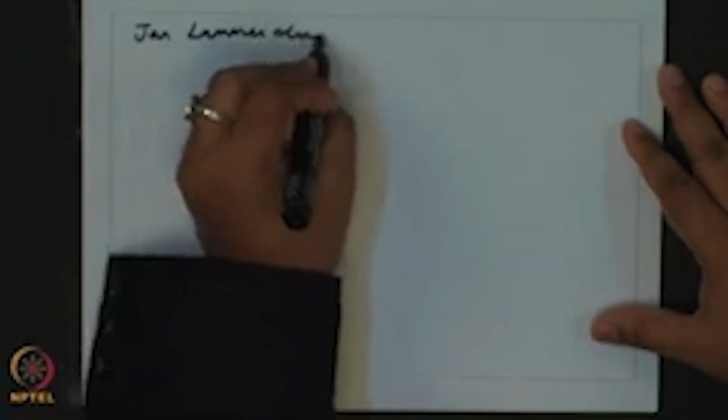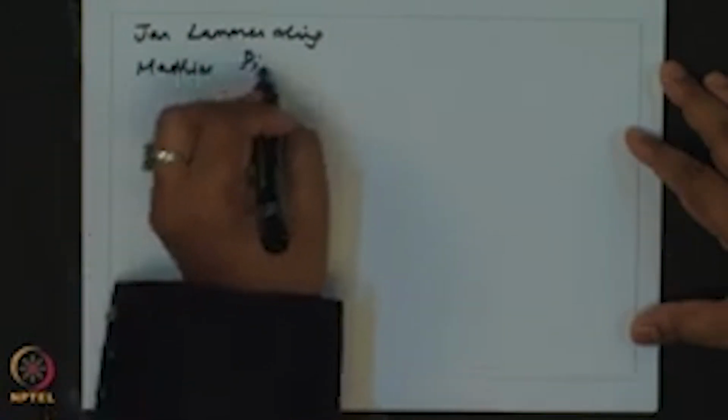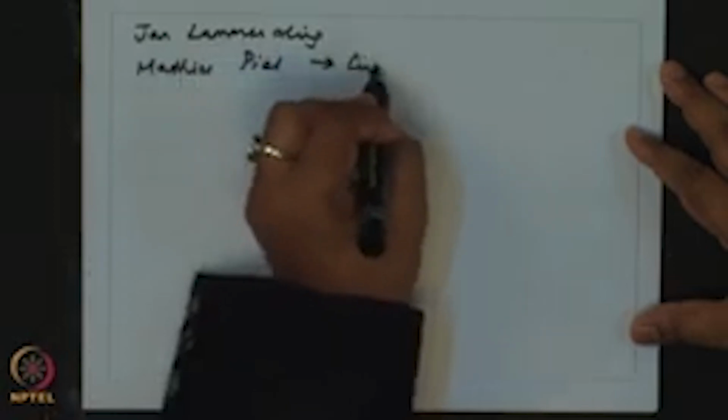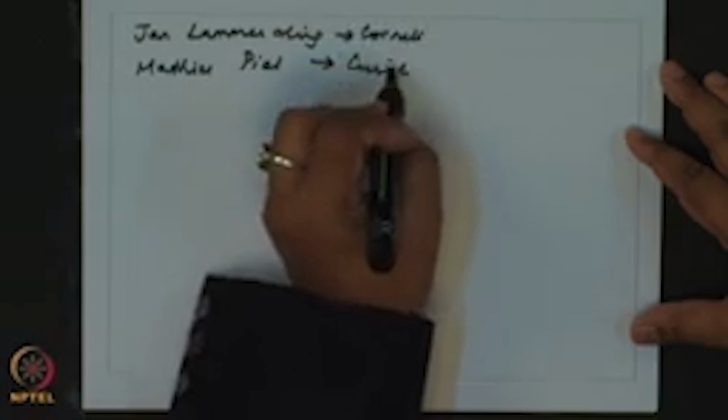There are two groups, the groups of Jan Lammerding at Cornell and Matthieu Piel at Institut Curie.